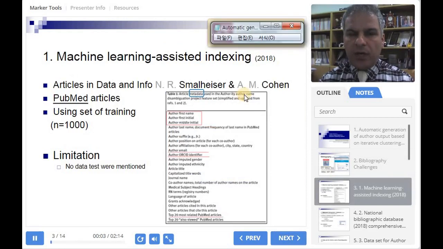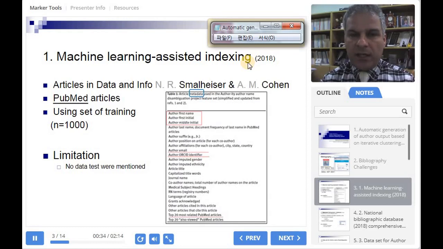Even though there are many articles describing how disambiguity of authors can be reduced, I gathered 5 recent articles to address this issue with new technology. One of them is using machine learning to assist indexing for search.